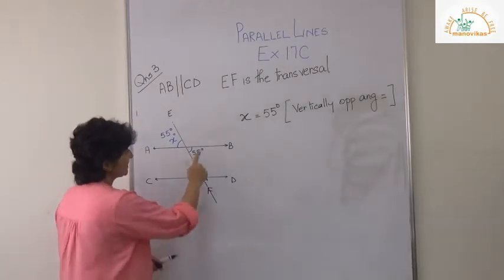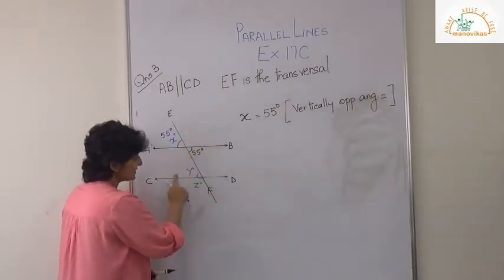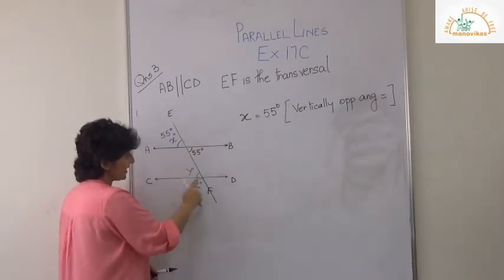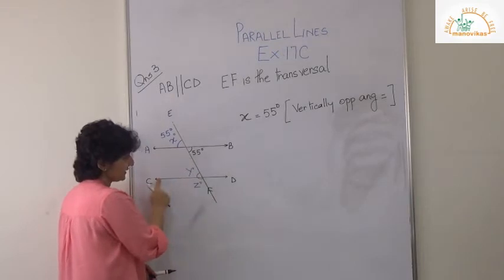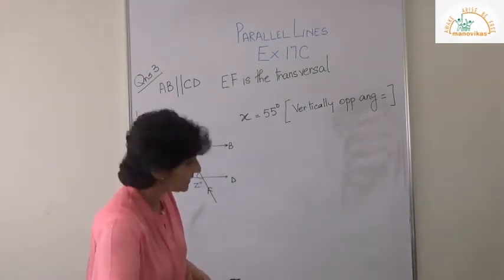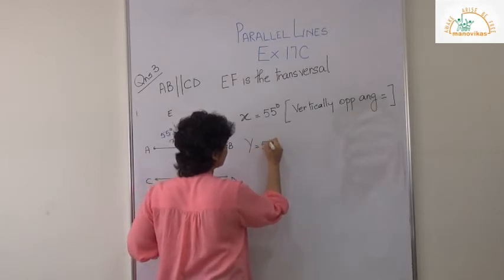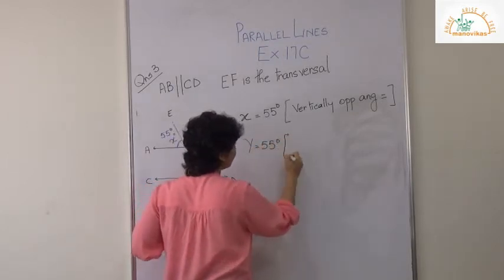Now, if I take these two, always children, let's try to do as much as possible from what is given to us. Can you see the ulta Z or the mirror image of Z, right? This Z and here this is the ulta Z that I get. So, what is Y equal to? Y again is equal to 55 degrees.